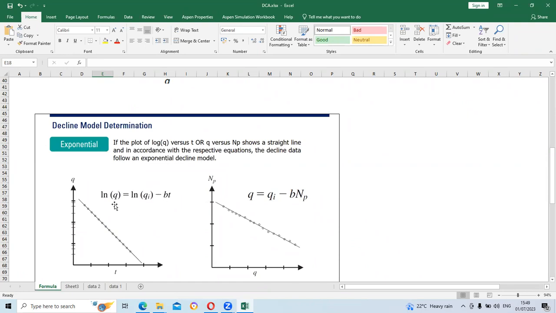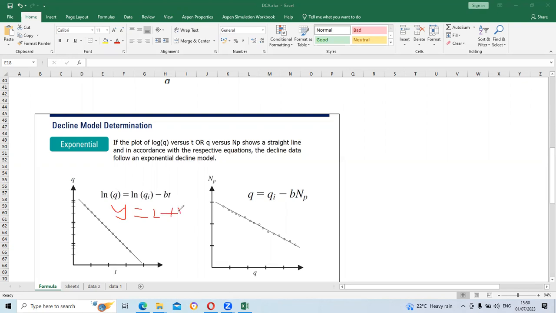It means that if I draw a graph of ln q against t, I expect it to give me a straight line with a negative gradient. Why? Because I am seeing negative b here. The gradient of that straight line will give me the value of b. Remember that we are comparing it with the standard equation of a straight line, y equals c plus mx.